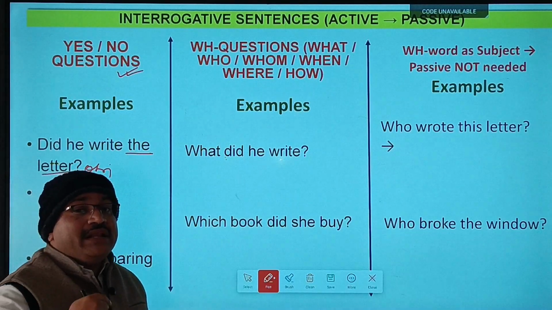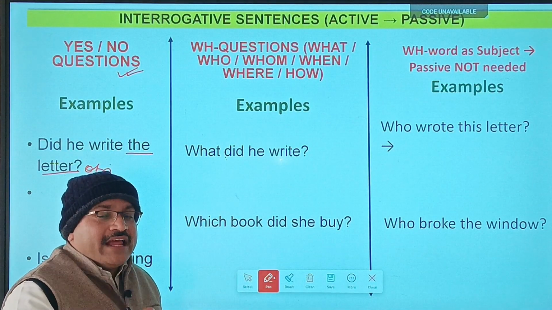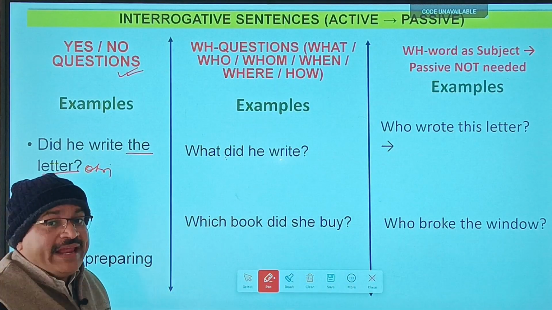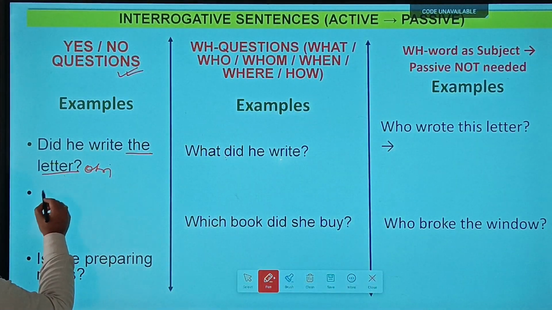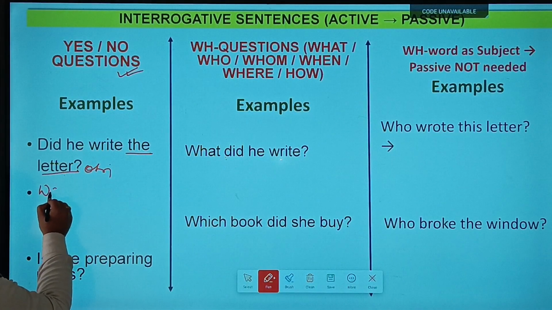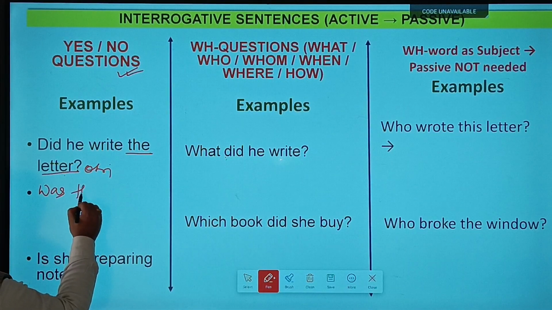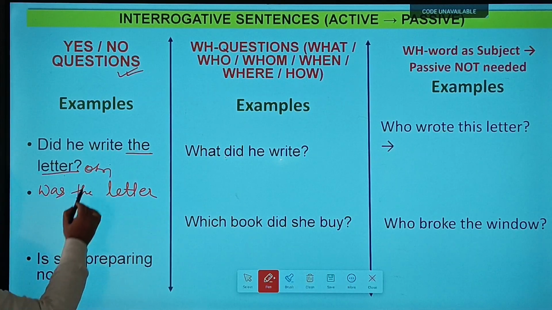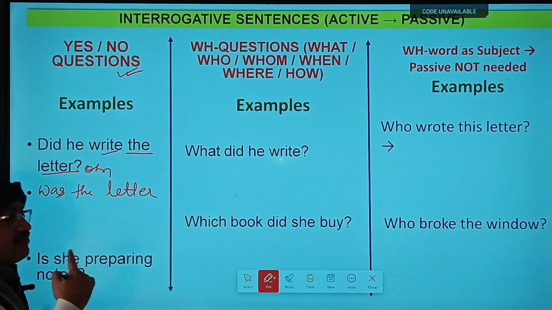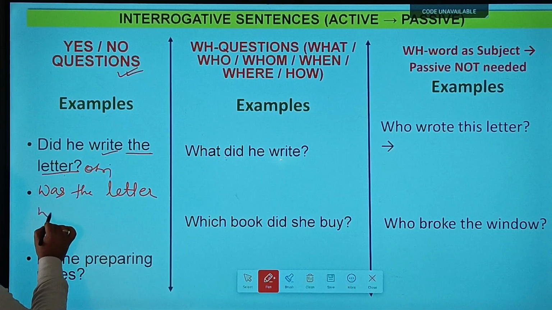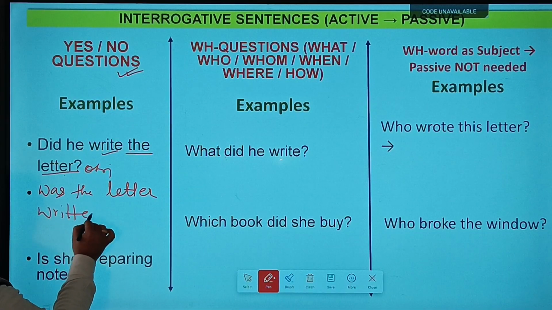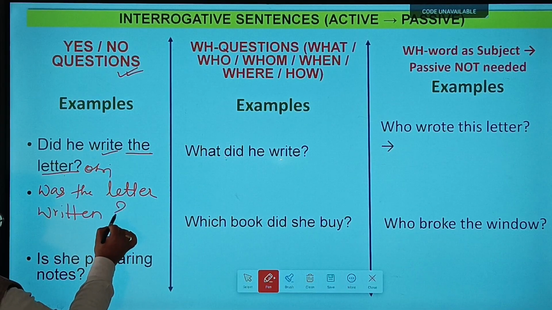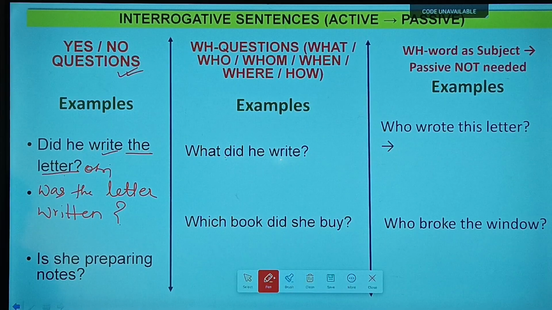Tense is simple past, and helping verbs will be was or were. So the letter is singular, so we'll use what? Was the letter. Was the letter write, wrote, written. Third form of the main verb. Remember, was the letter written, and question mark.